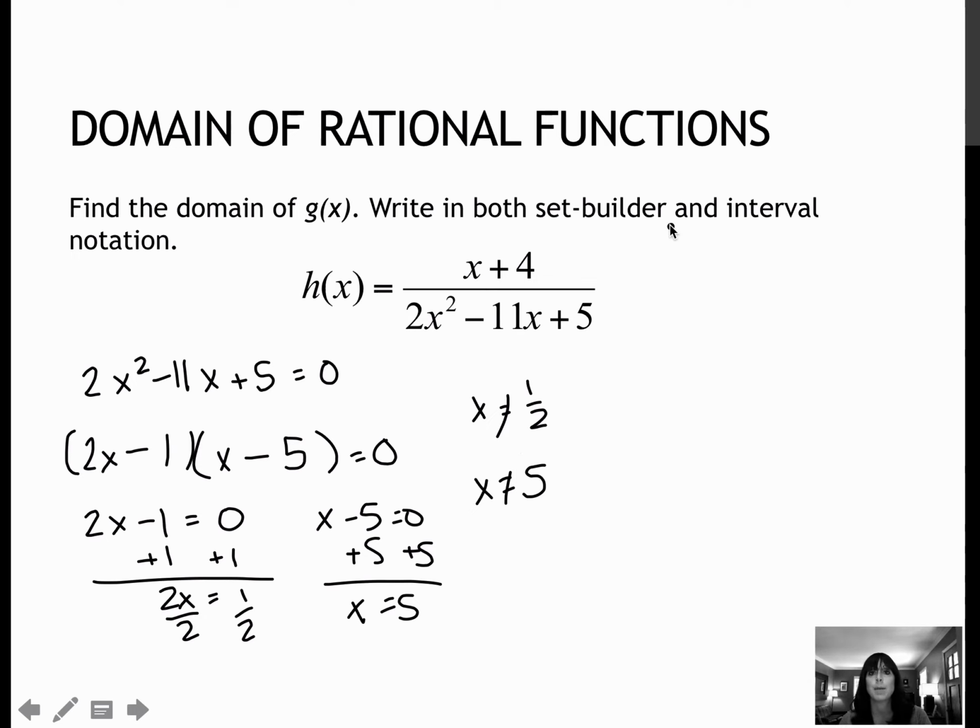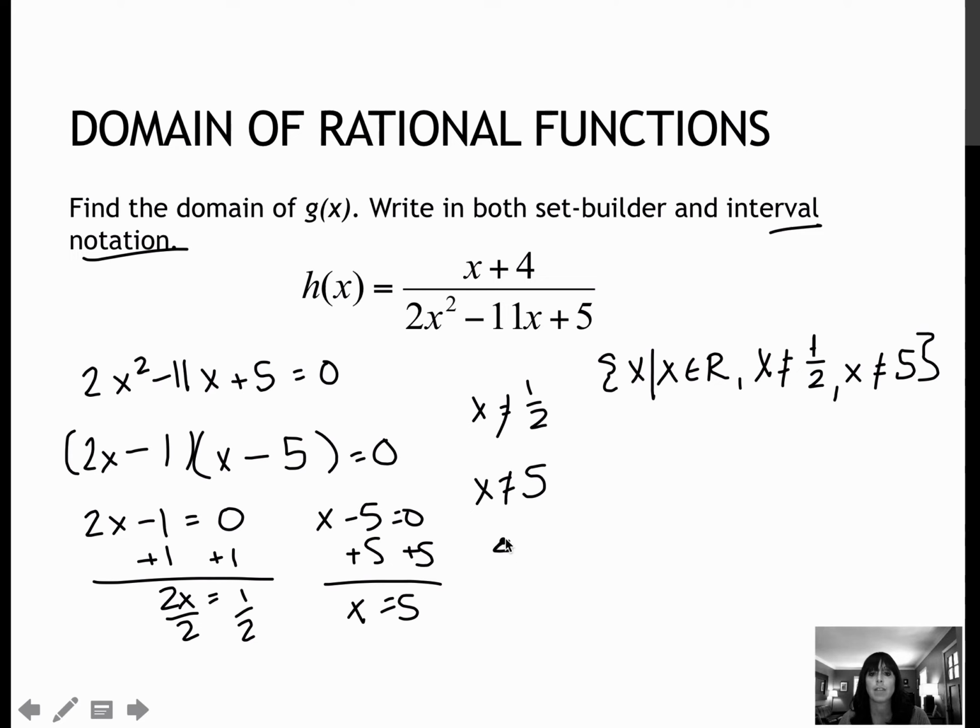To write that in set builder, again, I would write all of the x's such that x is a real number, x does not equal 1/2, oh, almost wrote negative 1/2, and x does not equal 5. Interval notation is going to be a little bit longer process.